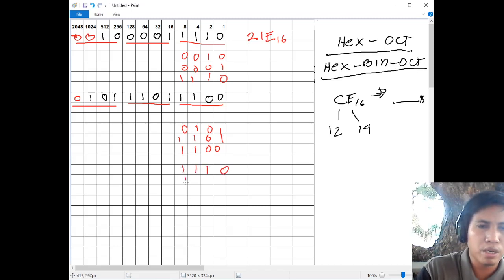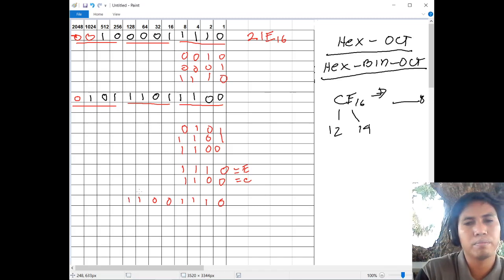And 12 would be 1, 1, 0, 0. This is E and this is C. So you write that one: 0, 1, 1, 1, then 1, 1, 0, 0.